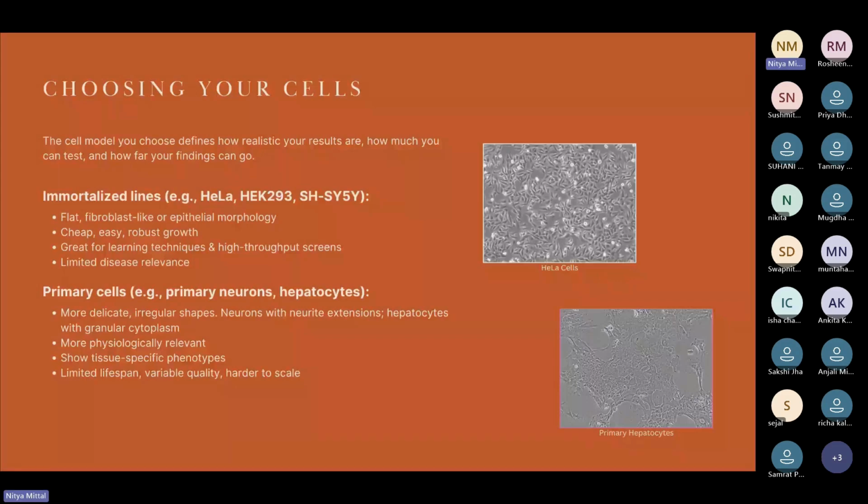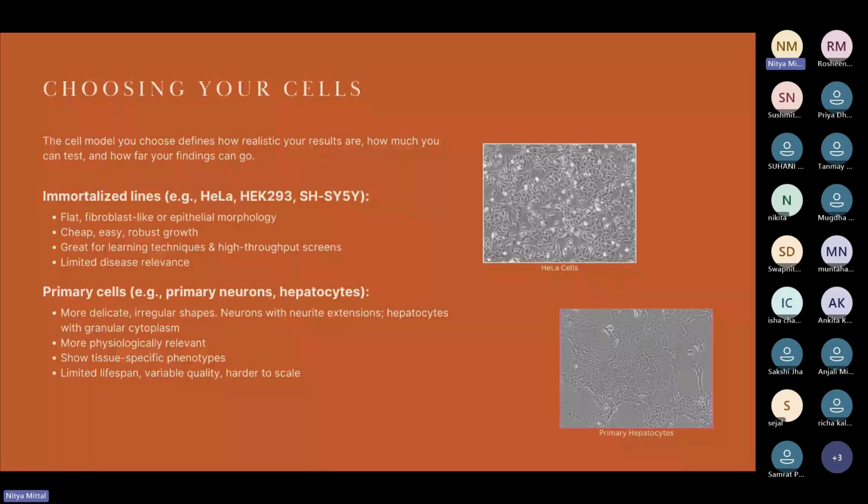I would use primary cells in the case where I want more tissue-specific phenotypes. This type of cells are used often in kidney studies or liver studies as well. It's great because they have limited lifespan, but you can do a lot of quick assays, a lot of time point assays. They have variable quality, that is true. It depends from vial to vial.